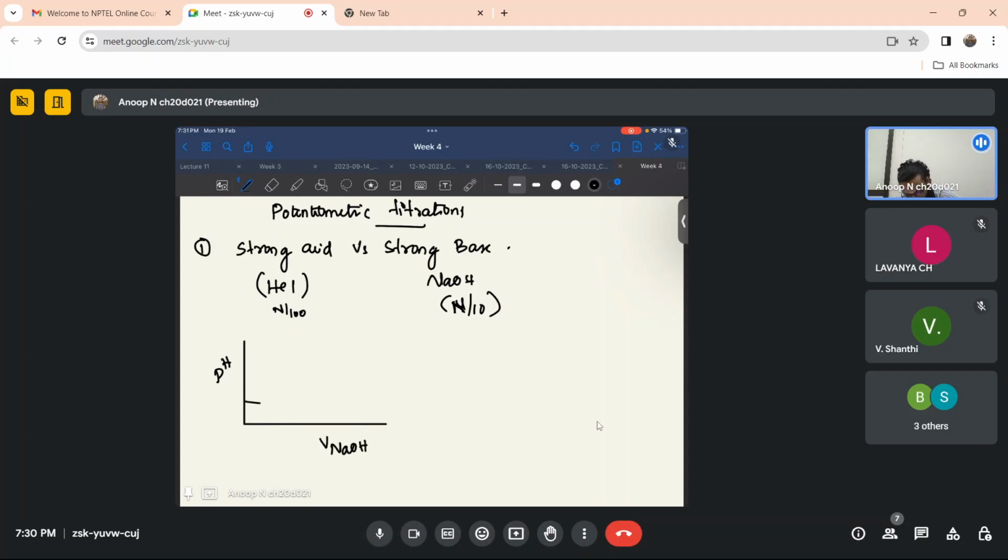The curve for a strong acid versus base will be like this. Then the second plot was delta pH versus VNaOH. It was a pulse-like thing. It will be coming like this.